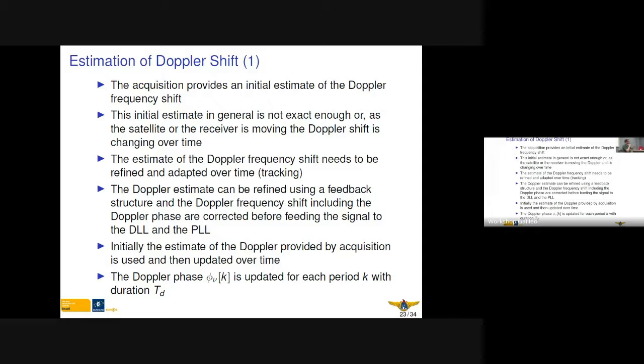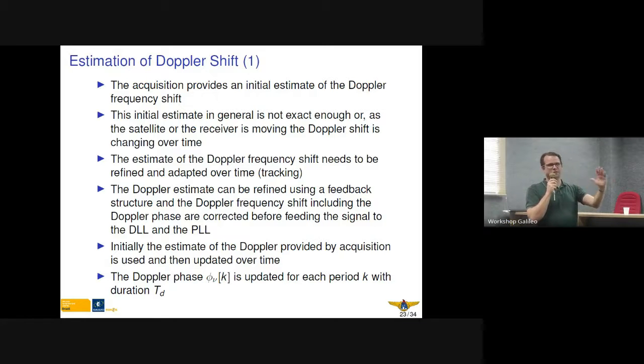If the Doppler is changing very rapidly over time and we are not correcting this, the cross correlation can decrease and decrease, and the DLL will lose track. So we at minimum have to feed back the Doppler shift, and as we are working in a block system with correlation, we also have a phase of this Doppler frequency that we need to derive and feed back.